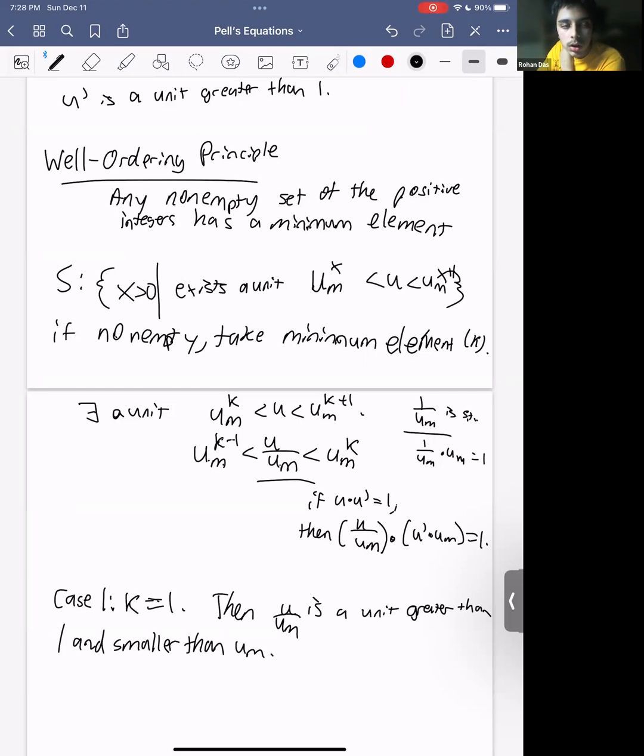But we defined u_m as the smallest unit greater than 1, so that would be a contradiction. And we say that this is because of the minimality of u_m.